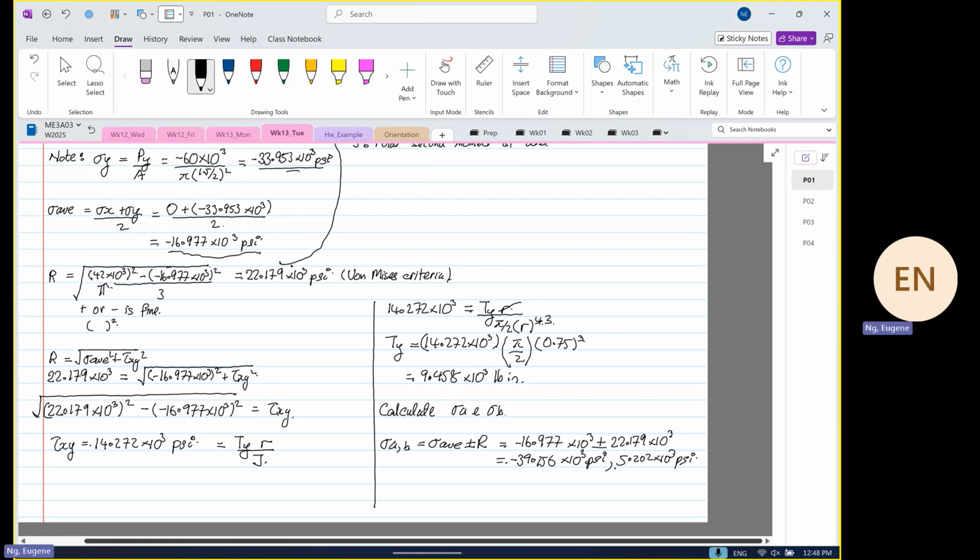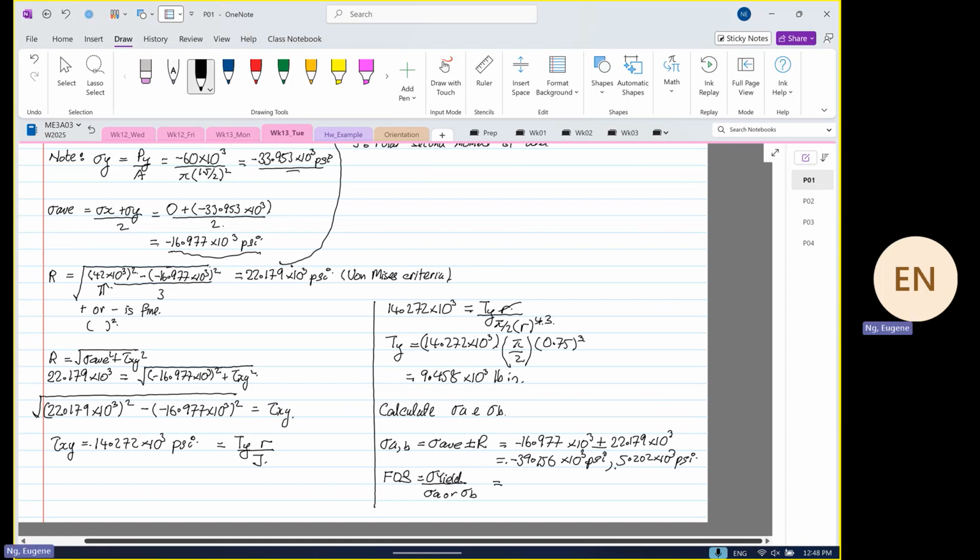Then from here, we can use the factor of safety. The factor of safety will be equal to what is allowable, which is the stress yield, divided by stress A or stress B. You pick the higher value.